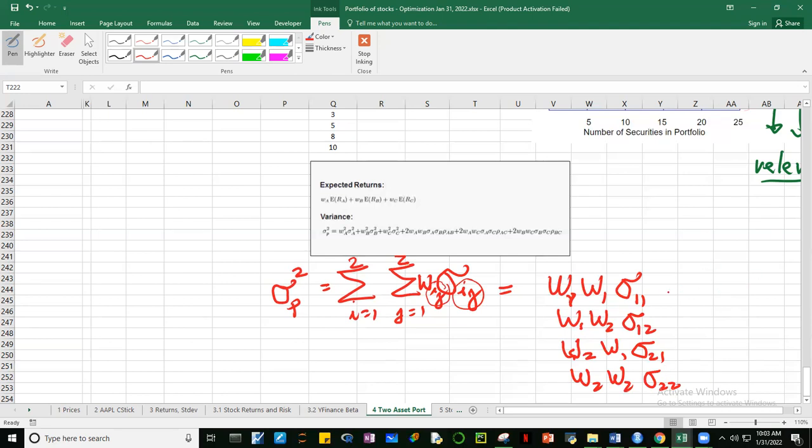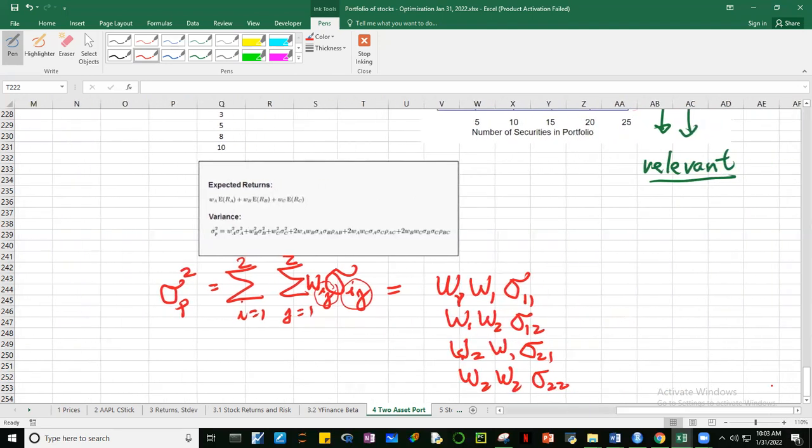So this is now equal to, w1, w1, sigma 1, 1, this is w1 squared times sigma 1, 1, this is the covariance of 1 with 1. Anyone, guys, what is the covariance of asset 1 with asset 1?